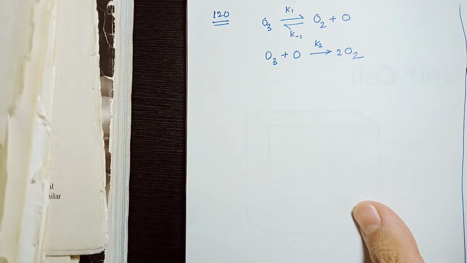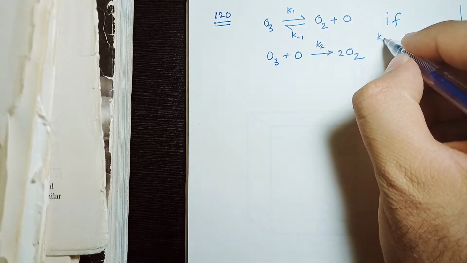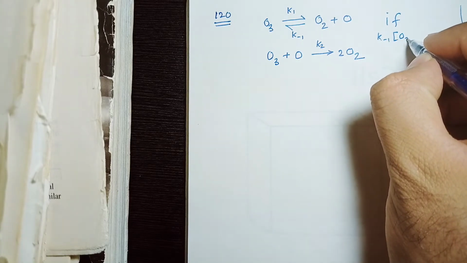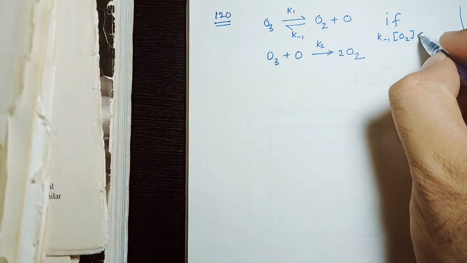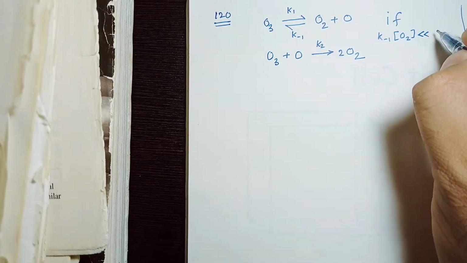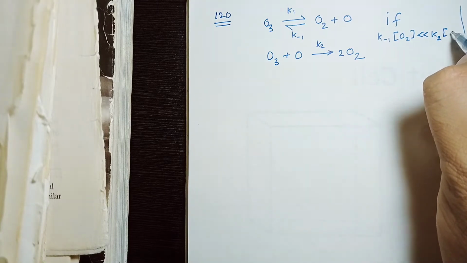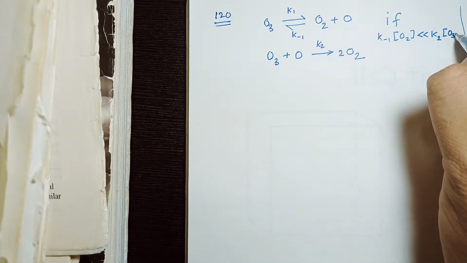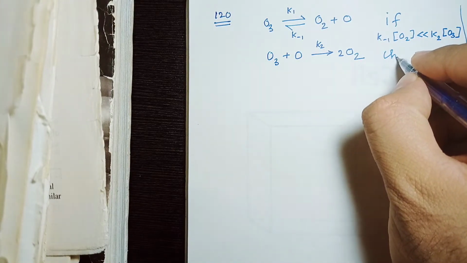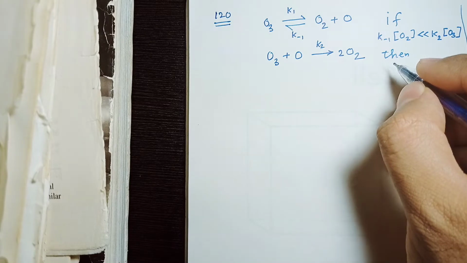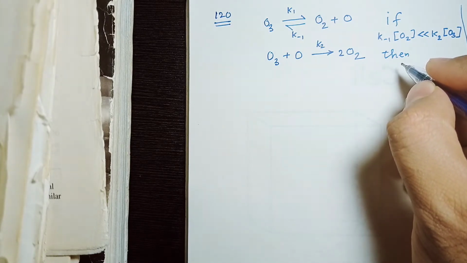And they are giving one more condition, that if K minus 1 multiplied by O2 is very less than K2 O3, then what will be the order of reaction with respect to ozone?